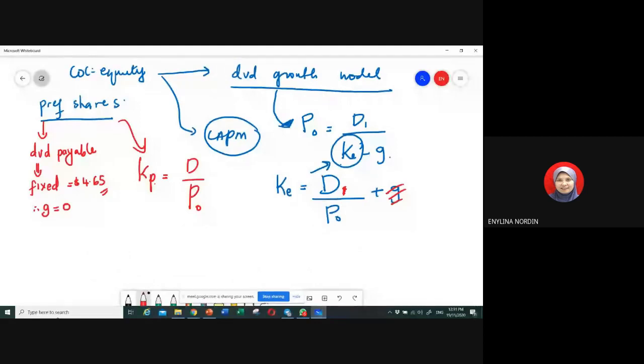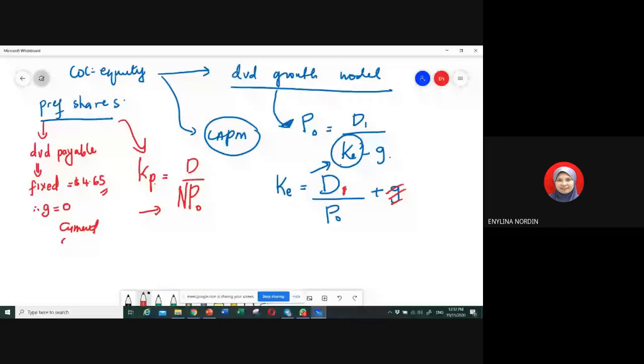Flotation cost. So the company has to minus the flotation cost. Therefore, the company will get the net price of the shares. So again, the formula is still the same, which is current price of share. Earlier we said current price of bond; this is current price of preference shares minus the flotation cost.